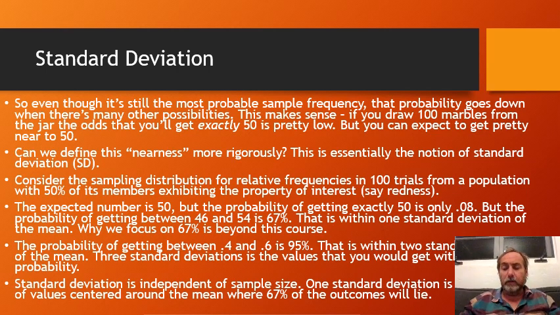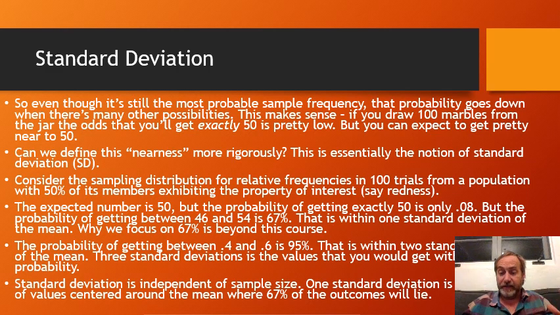All right, so seeing this trend of what happens as we take larger and larger samples can help us get into the concept of standard deviation. Even though 0.5 is still the most probable sample frequency, even if I pull 100 marbles, the most likely outcome is to get 50 out of 100.